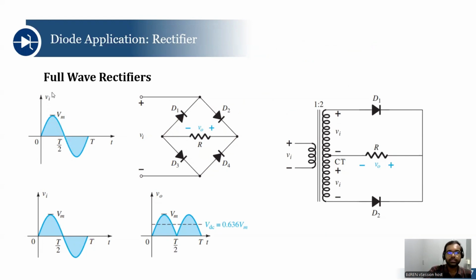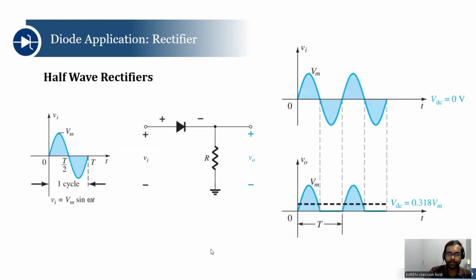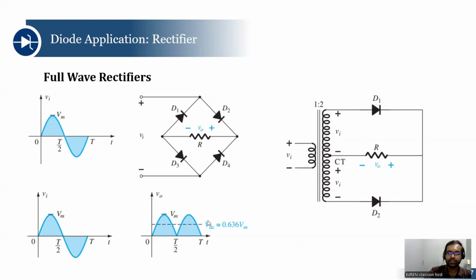So this is called full wave rectification, and the circuit is called a full wave rectifier. And you can compare: in half wave rectification, the average DC output was 0.318 Vm, and in full wave rectification, the DC signal increases to 0.636 Vm.